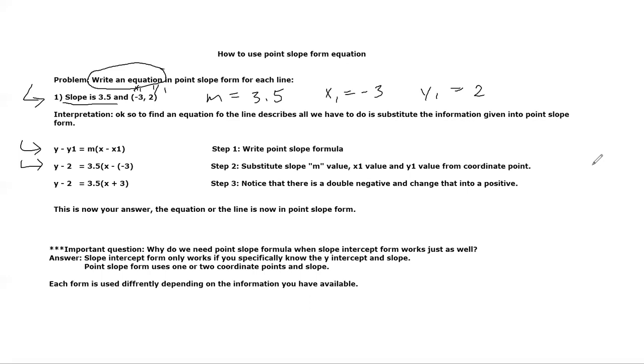So when we substitute, we end up with y minus 2 is equal to 3.5 parentheses x minus -3, because remember, we're plugging in a negative, and there was a minus from the original equation right there. So that's how we ended up with two negatives.